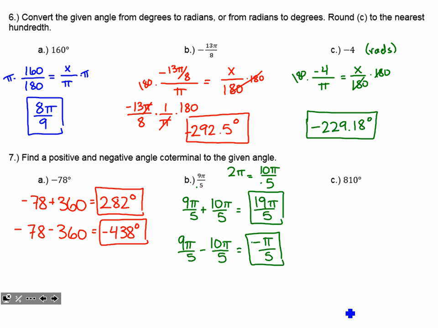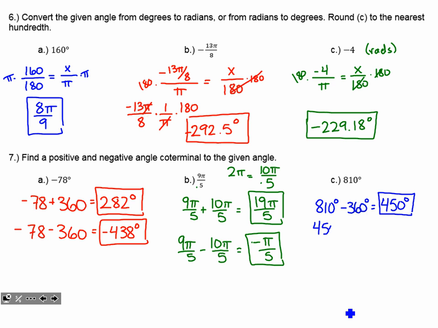And lastly, letter C, this is a very, very positive degree measure right now. So if I want to find another positive coterminal angle, I can start subtracting 360. And if I subtract away 360 from 810, I get 450 degrees. There's a positive coterminal angle. It's smaller, but it's still positive.